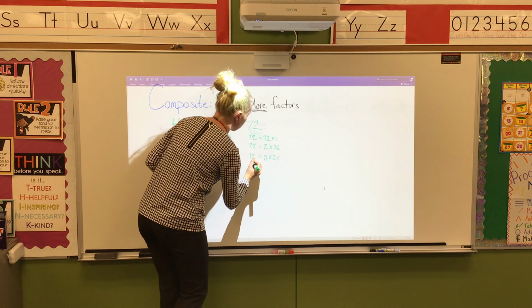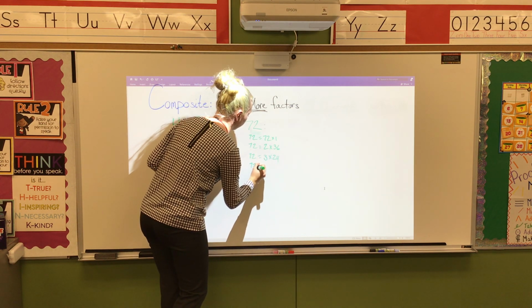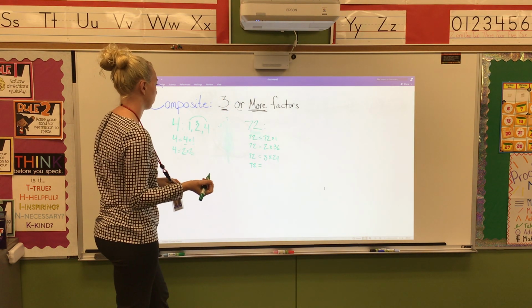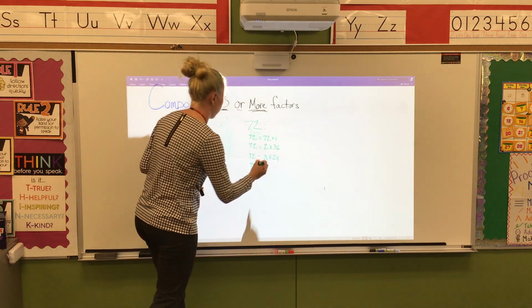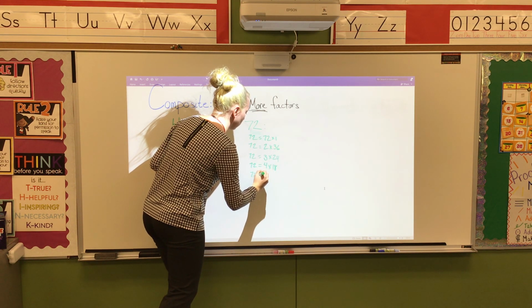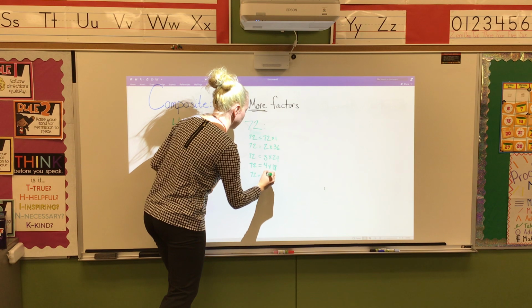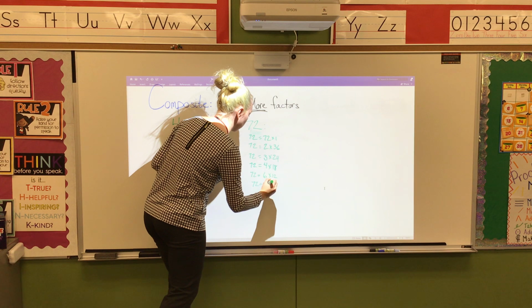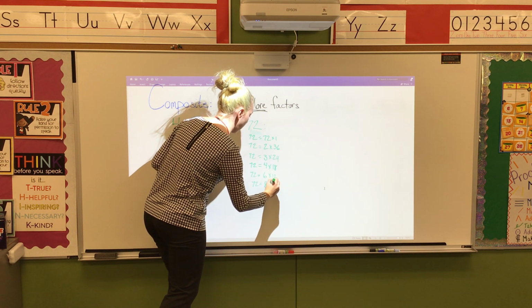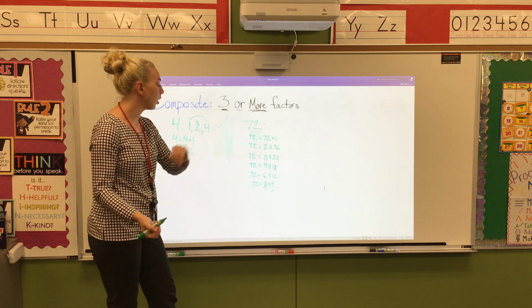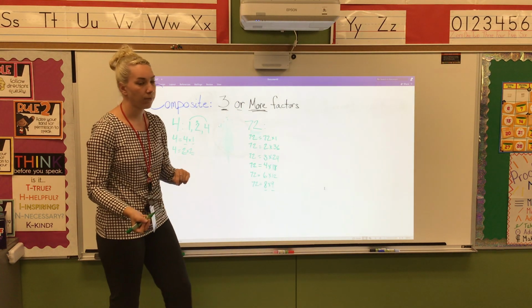We also can do 72 divided by 4 times 18, and 72 is equal to 6 times 12, and 72 is equal to 8 times 9. And now that 8 and 9 are next to each other, I know I went through all of them. Those are all that we could possibly have, and then I would write my factors out here.